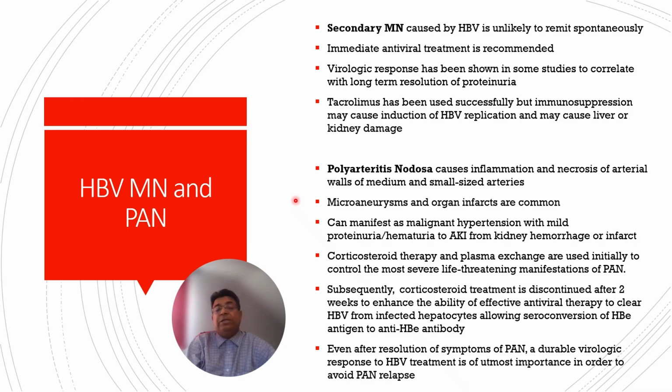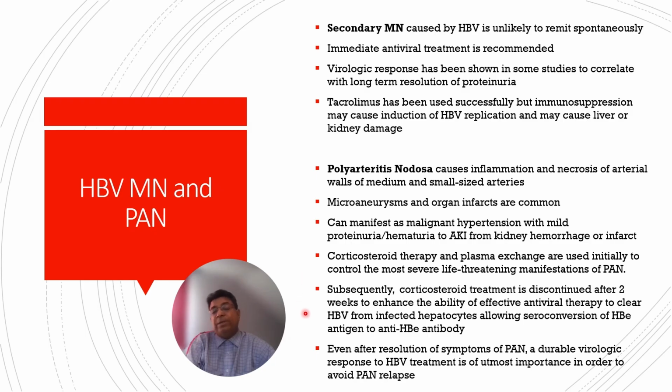Microaneurysms and organ infarcts are common. Polyarteritis nodosa can manifest as malignant hypertension with mild proteinuria, hematuria, to acute kidney injury from kidney hemorrhage or infarct.